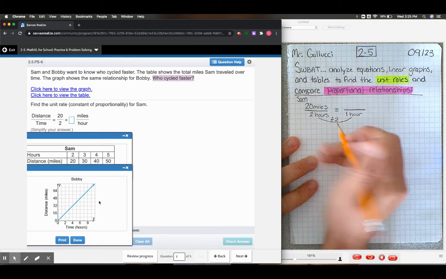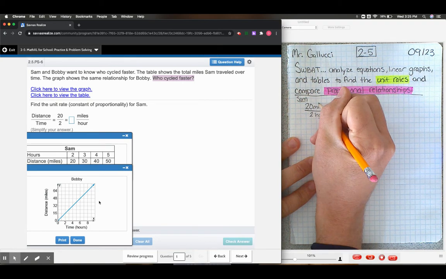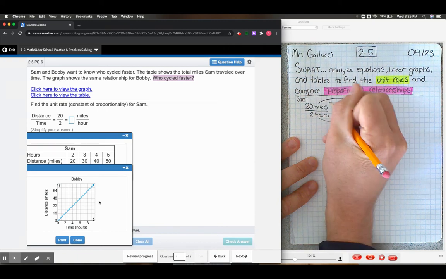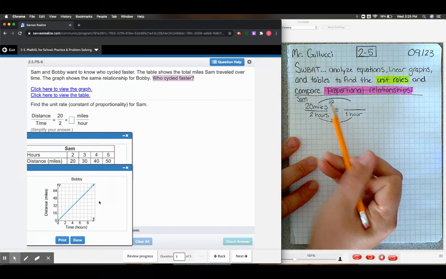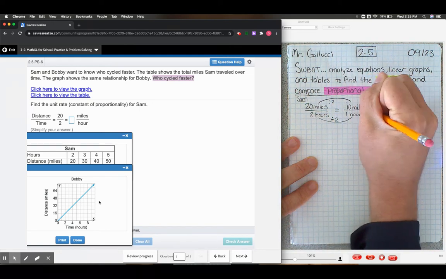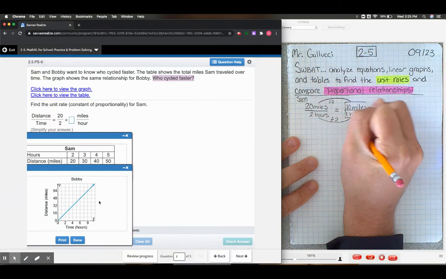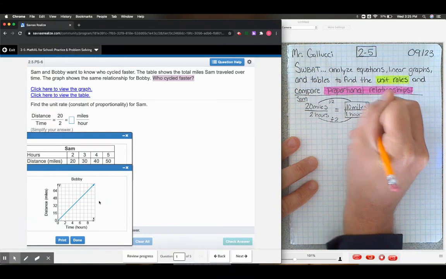And you guys remember the golden rule of math. Whatever you do to this, the bottom, we also got to do to the top. So let's see, 20 divided by 2 is going to be 10 miles. So now we know Sam's unit rate is 10 miles per hour.